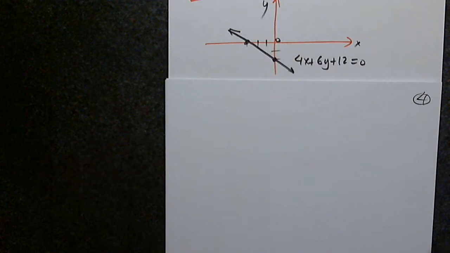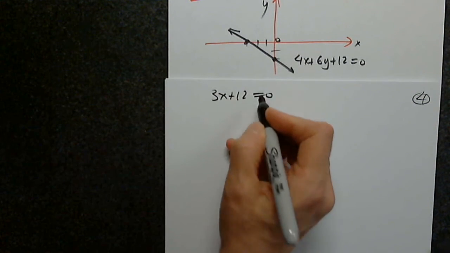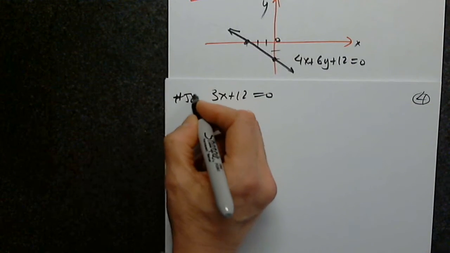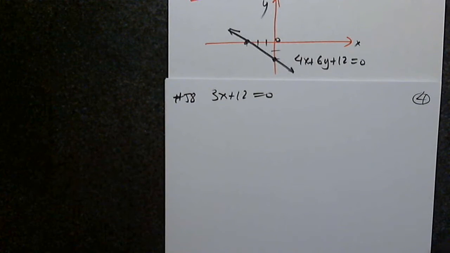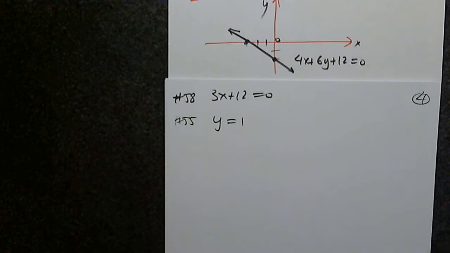Okay, so let's look at another problem. Let's say 3x plus 12 equals 0. This is 58. And also 55, y equals 1. So 2 other examples.